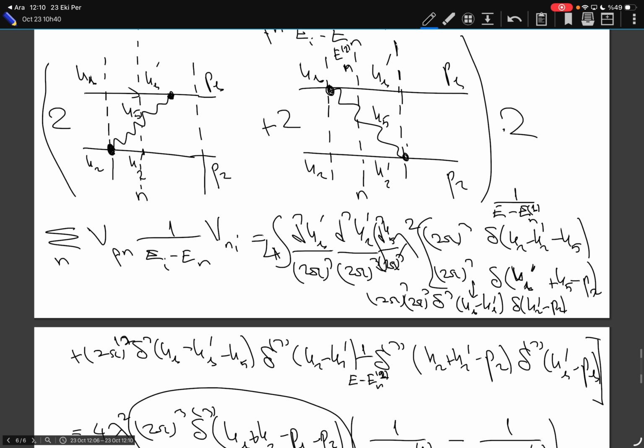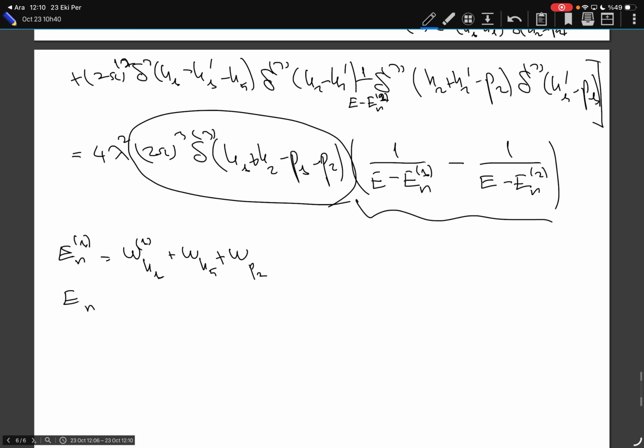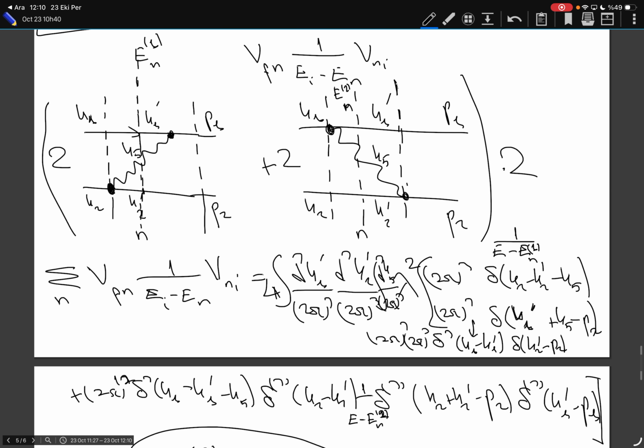That is the energy of this intermediate state. I have 3 particles having momentum k1, p2, and k5. En2. What is En2?